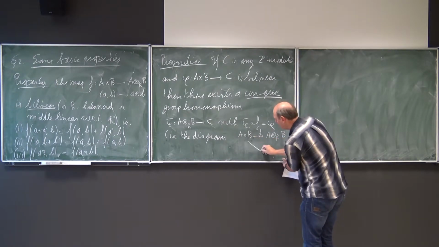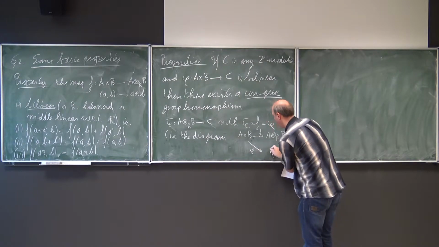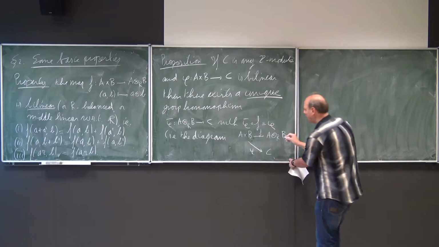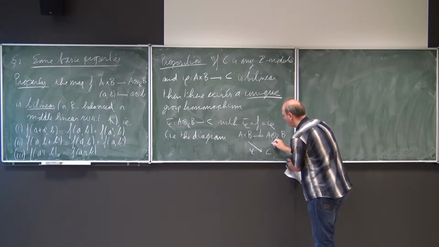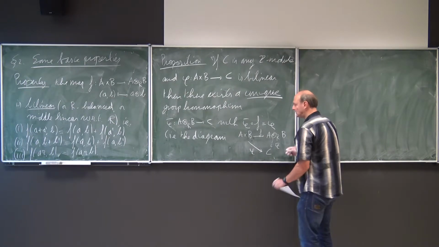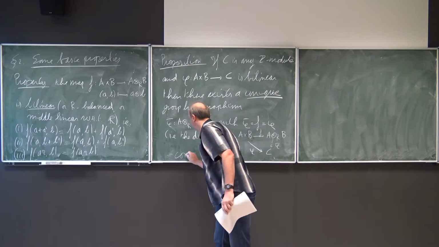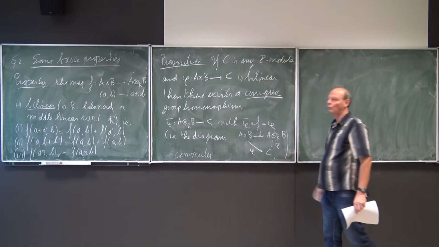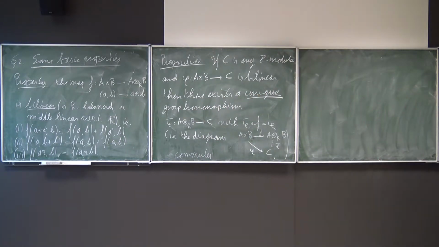Then I've been given a map phi to C from A cross B with a few properties, and then we're claiming that there is a unique map here, phi bar, such that this thing commutes. A visual statement of what is going on.